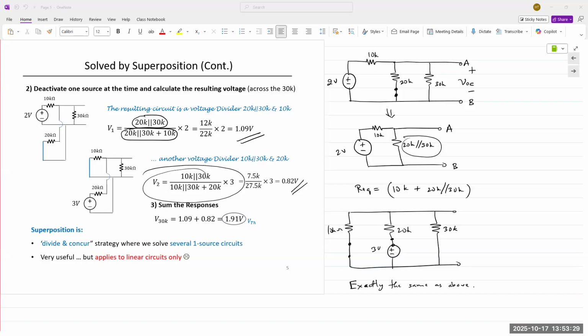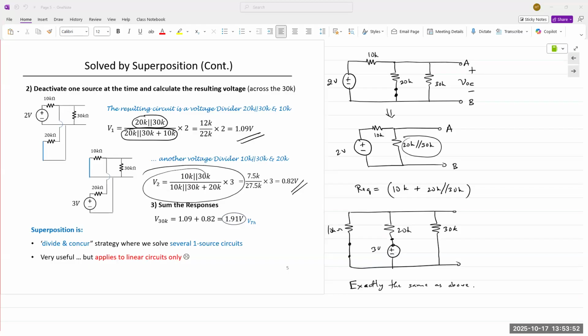Okay. So the important point here is not how we solve it after. The important point is how we apply superposition before we even begin solving it. To set up the solution correctly, we have to apply superposition correctly. If the superposition is not applied correctly, then the rest of it does not matter.